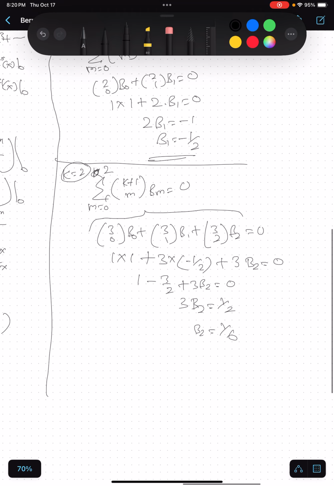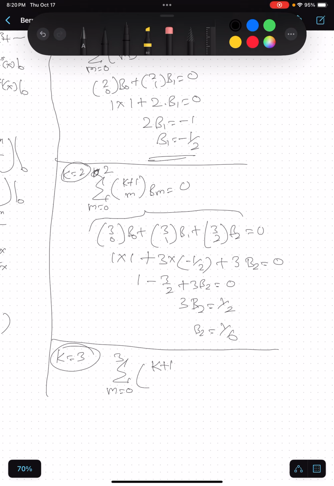Now let's do one more because this was really easy and I'm enjoying this. For k equals to 3, the sum from m equals to 0 to 3 of k plus 1 choose m, b of m is equal to 0.